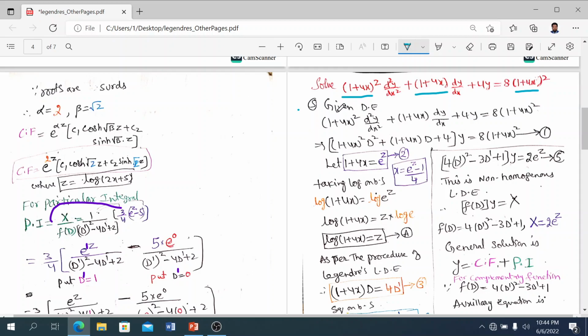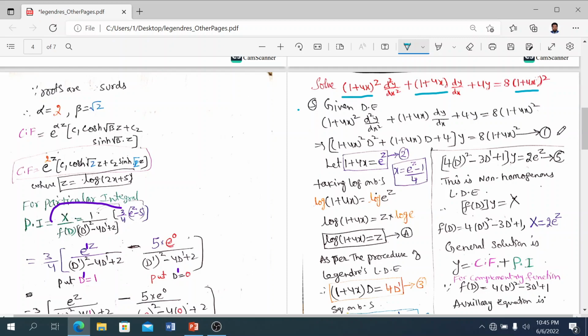So now this is our given Legendre's linear differential equation. See here, take this y and this y outside. So this is (1 plus 4x) whole squared, this will become D squared, this will become D, plus 4y equals 8 into this one.